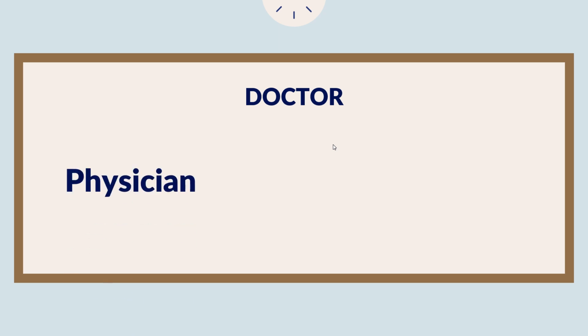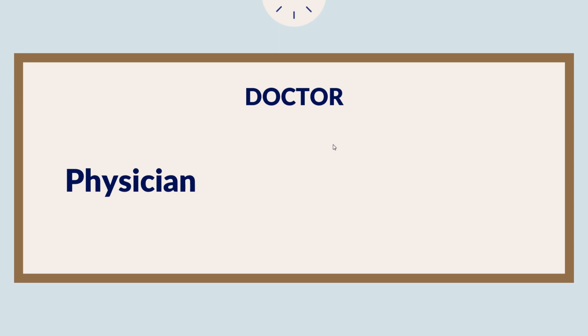Lastly, when we talk about doctors, almost everybody thinks there's only one word, but no, there's not only one. There are plenty of ways to say doctor, but the most common we will hear is a physician, for example. A physician is somebody who takes care of sick people, so it's another way to say doctor.